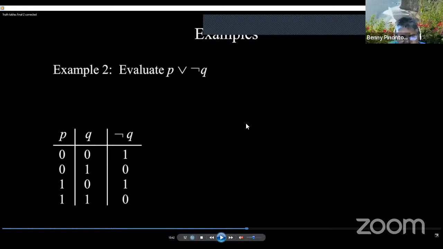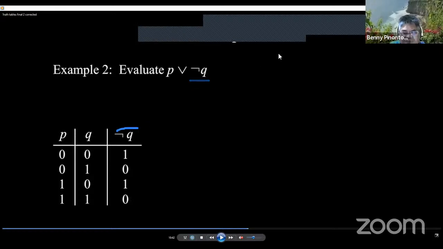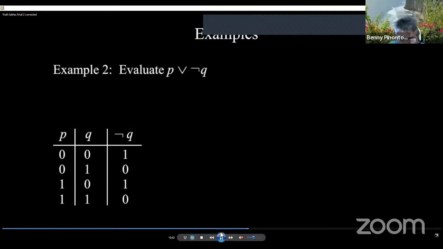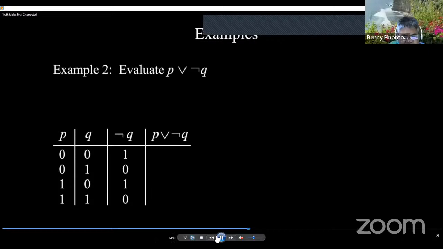Then we're going to do the not P, not Q, this one. That is simply the opposite of Q.